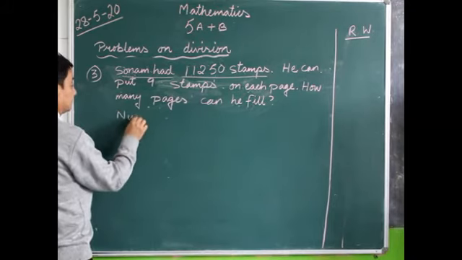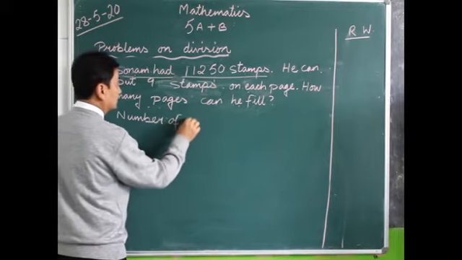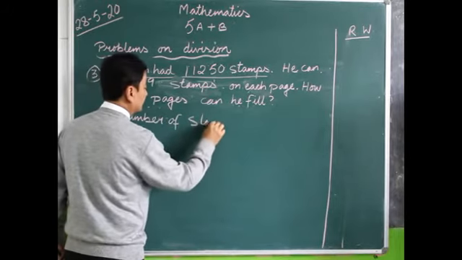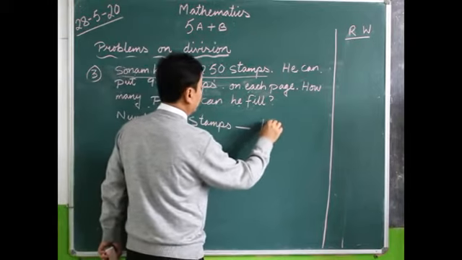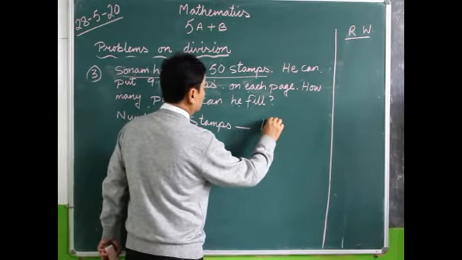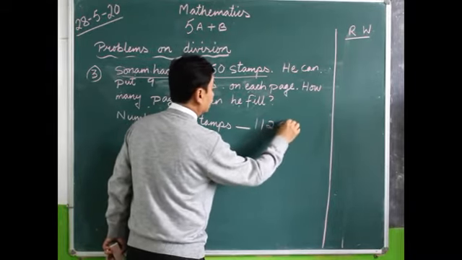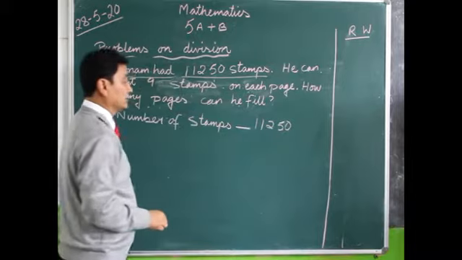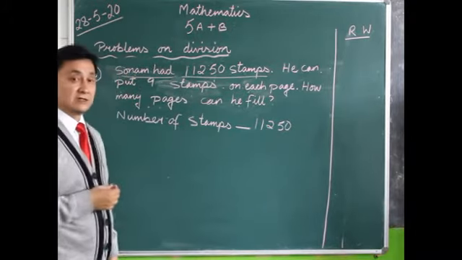Number of what? Stamps. Okay. How many? 11,250. Now we have finished writing the first statement.